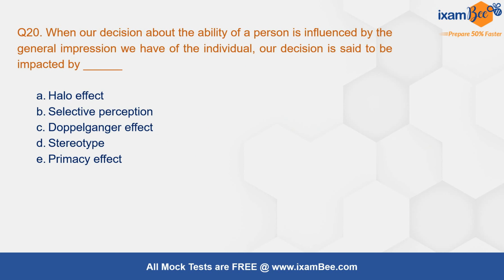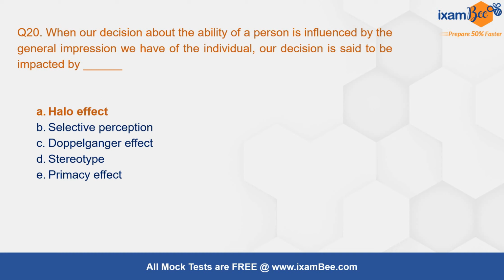In my last video, I had asked you a question which was, when our decision about the ability of a person is influenced by the general impression we have of the individual, our decision is said to be impacted by which of the following? The correct answer is halo effect. Halo effect is about when we have a certain impression about a person and that impression makes us take decisions.